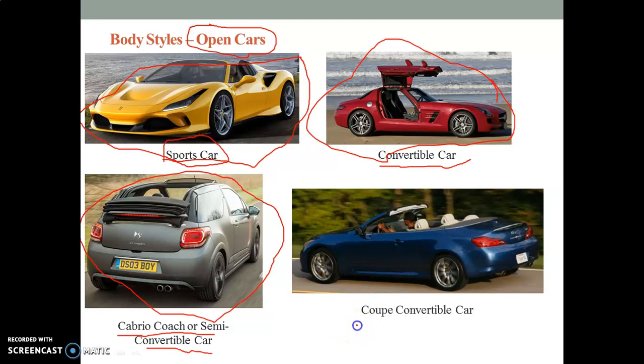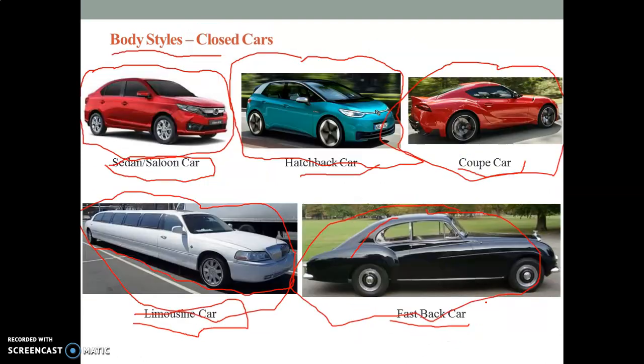Then next is Coupe Convertible Cars. In the previous slide we discussed the Coupe car. That is the car in which only one row of passenger seats is available, but that is in a closed system.